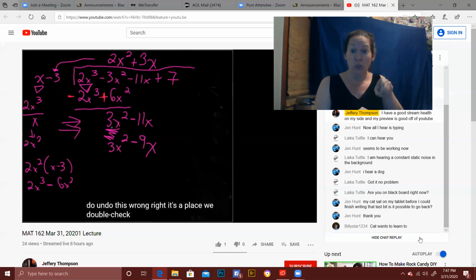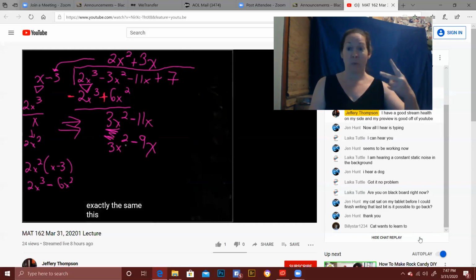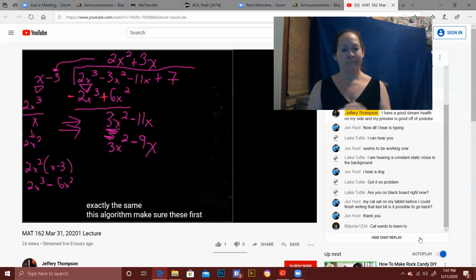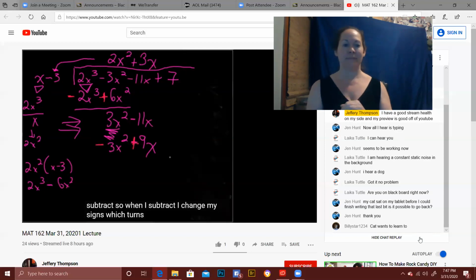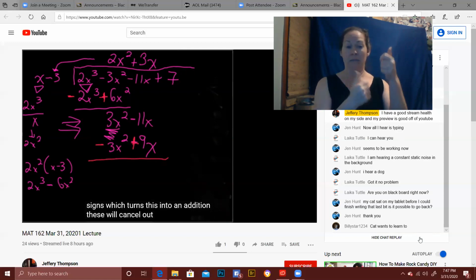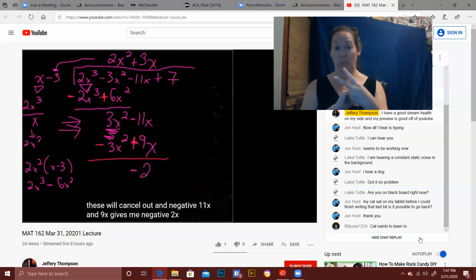It's a place we double check. These first terms should be exactly the same. This algorithm makes sure these first terms are the same. So my next step is to subtract. So when I subtract, I change my signs, which turns this into an addition. These will cancel out. And negative 11x and 9x gives me negative 2x.